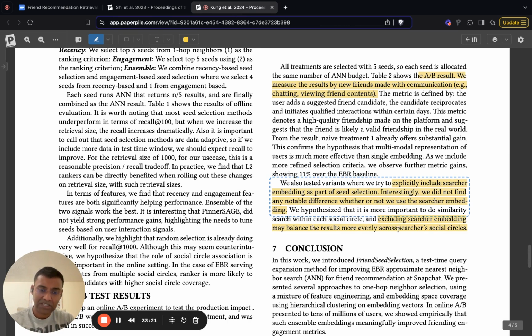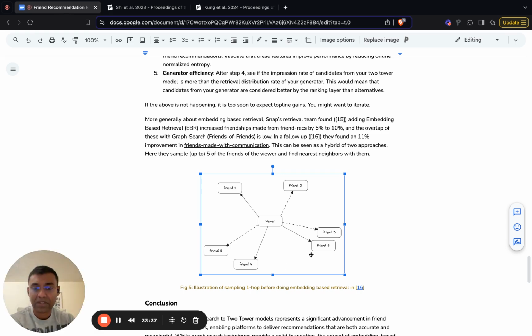We hypothesize that it is more important to do similarity search within each social circle, and excluding the searcher embedding may balance the results more evenly across searchers' social circles. So if you go back to this diagram, maybe after sampling, they are more balanced between the user's social circle as opposed to adding the viewer.